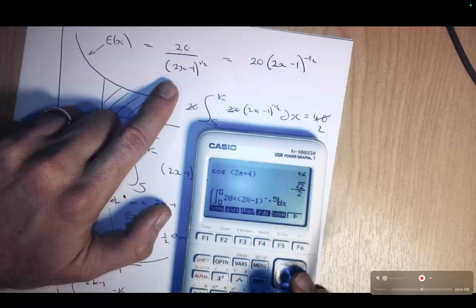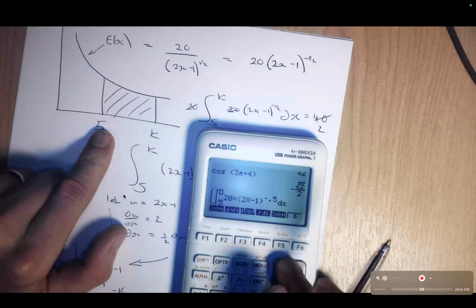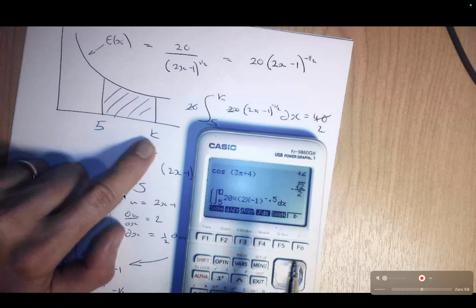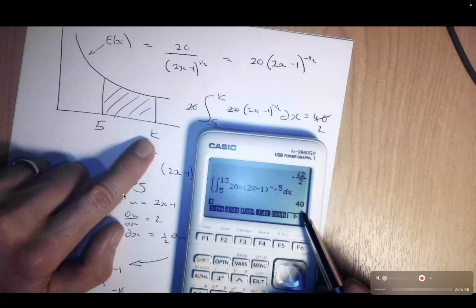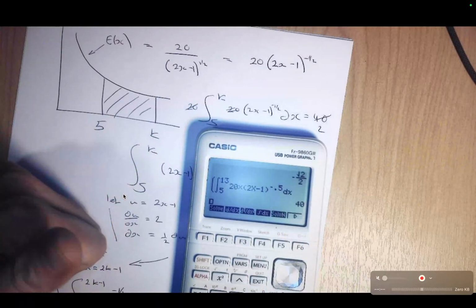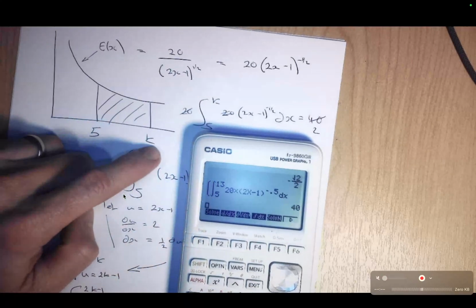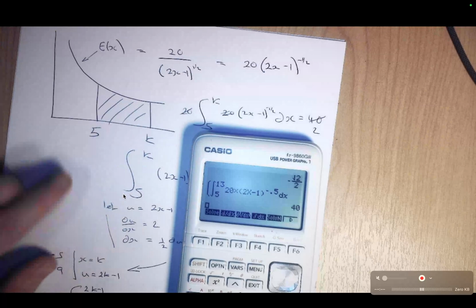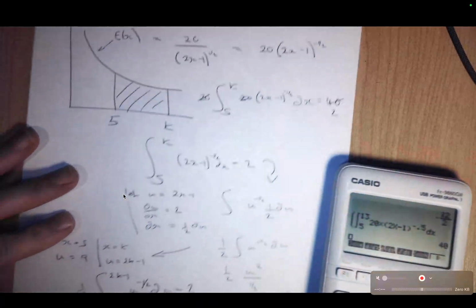Bottom limit is 5, upper limit is 13, and there's the answer, 40. So that confirms that if we do have k as 13, then that area is, well, the calculator has also confirmed it for us, exactly 40.